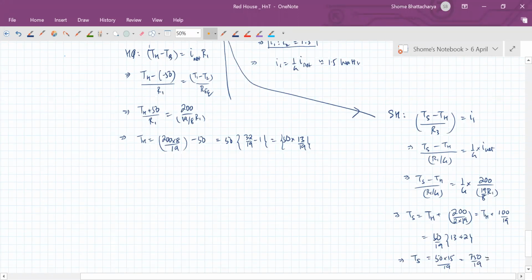So this temperature will be about 39.5 degrees C. Okay, so this is what we get finally.